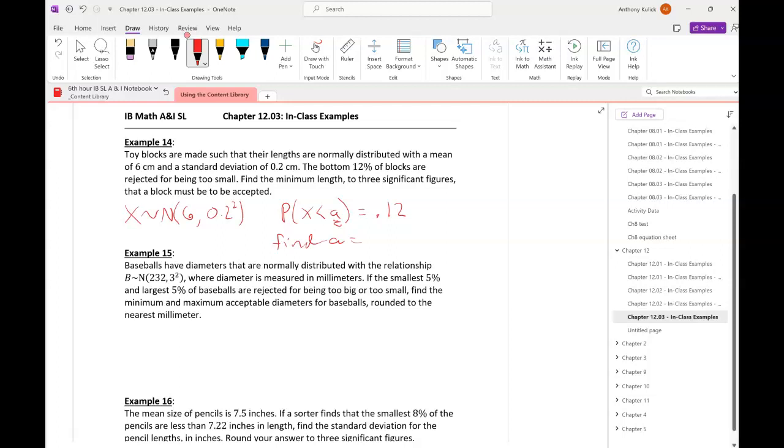The probability. Yeah. What goes in for the mu? 6. The mean. And what goes in for the sigma? The standard deviation, just 0.2. And then you just press enter. Yep, she gets 5.7. Good.